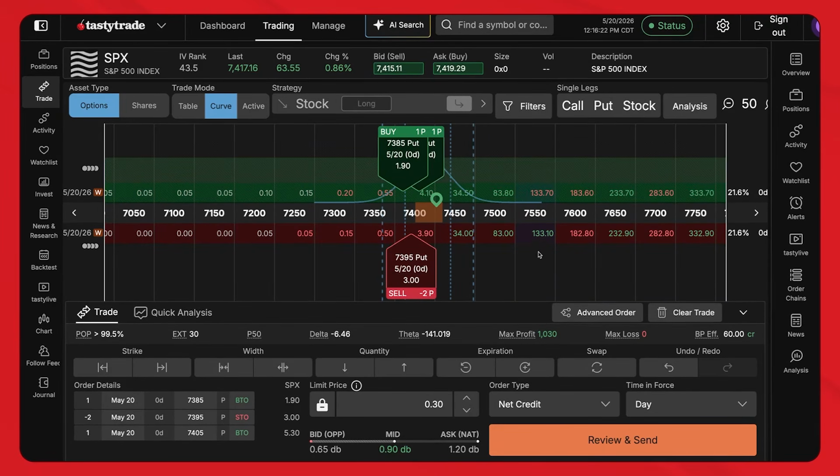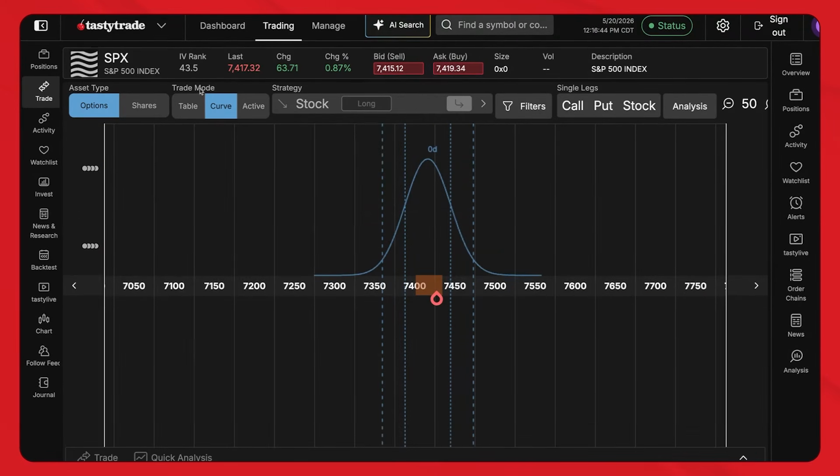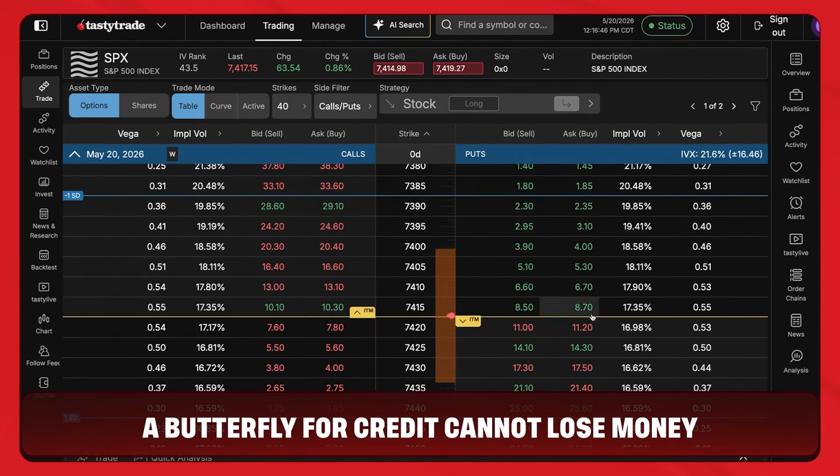You're not going to buy that butterfly for a credit, but the straight butterfly for a credit. But look what it does to the P&L. In other words, it gives all this profit up here. There's no real way this trade can lose if I put on a butterfly for a credit. That goes back to this trade.